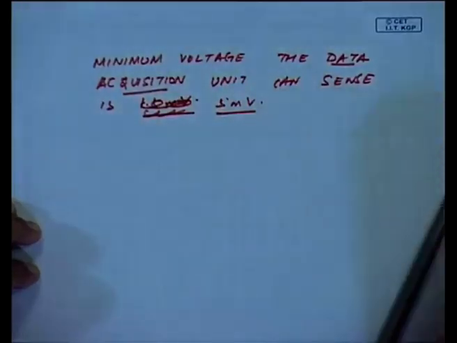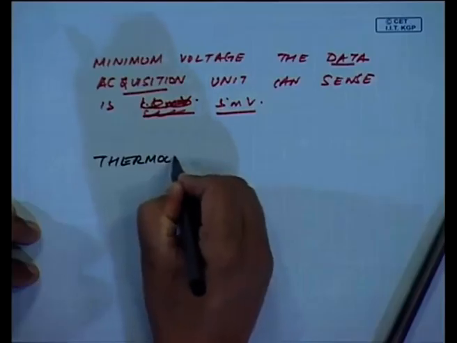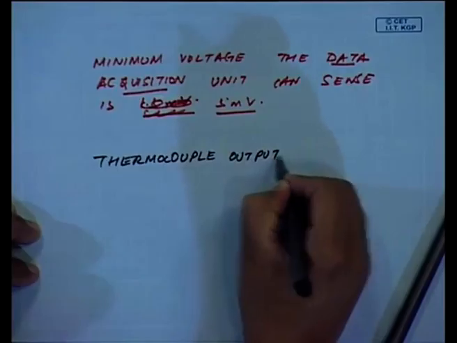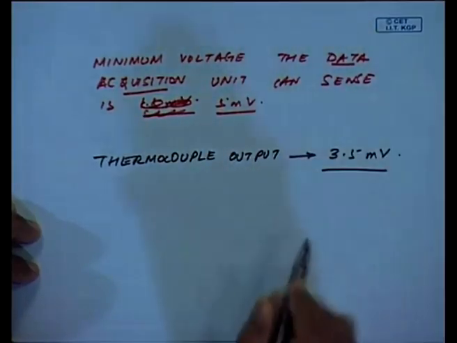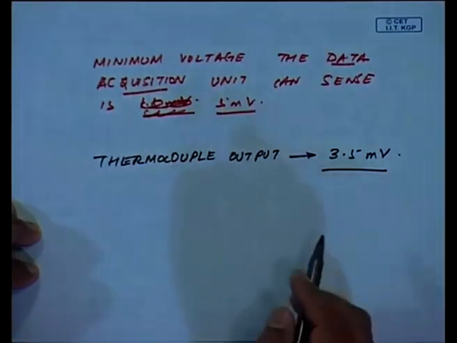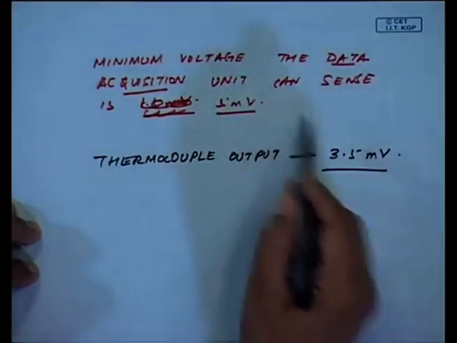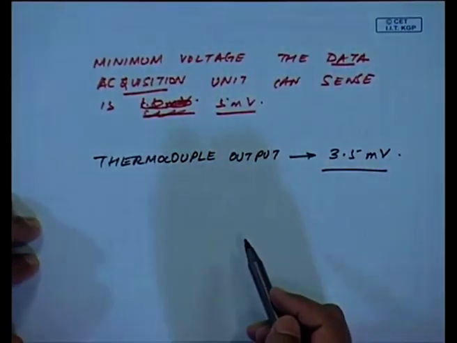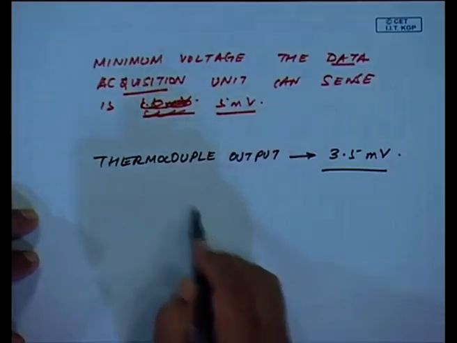Now, if my thermocouple output in this example is 3.5 millivolt, obviously my display or analysis unit, because the data acquisition unit is actually sitting in your analysis unit, is not able to capture or sense the thermocouple output. That is a problem I have. So, obviously, I need to amplify.